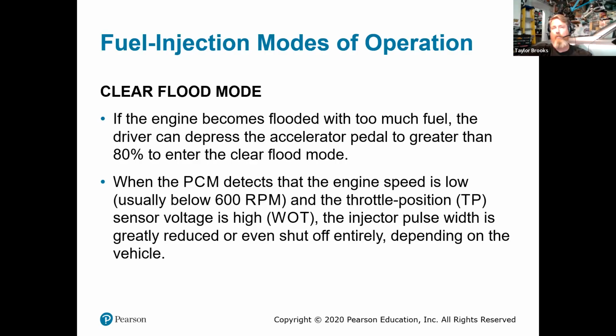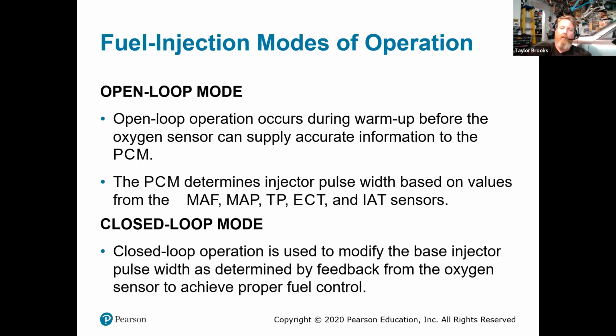Therefore, we can draw air in and use that air to push the overabundance of fuel out into the exhaust so that we can clear it out. I showed you all when we did the relative compression test that we did a clear flood mode, where you hold the throttle all the way down and the brake all the way down while you're cranking it. It turns the fuel injectors off, and it allows the engine to clear any type of flood.